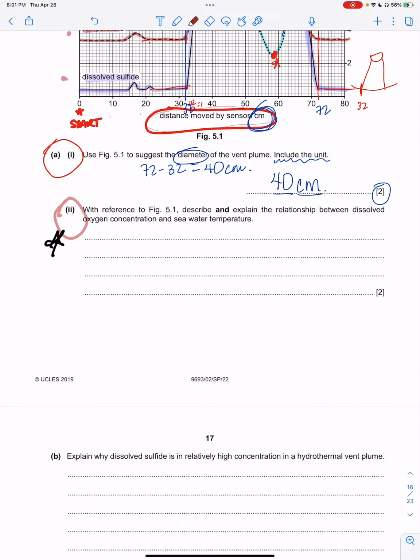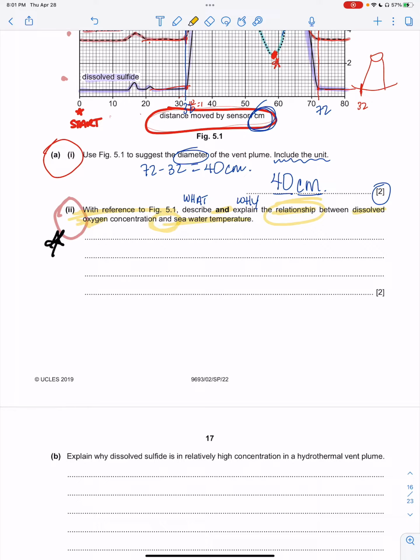With reference, describe, which means what, and explain, which means why. So what do you see and why do you see it? The relationship, oof, all these just lovely, juicy words, between dissolved oxygen and seawater.